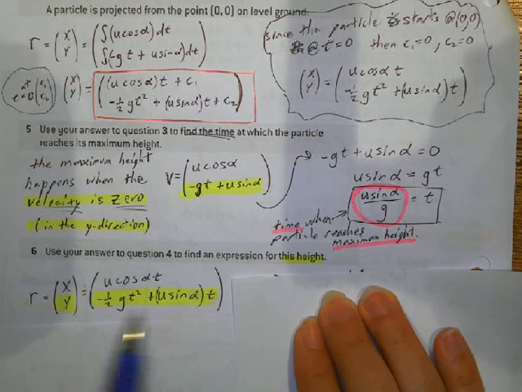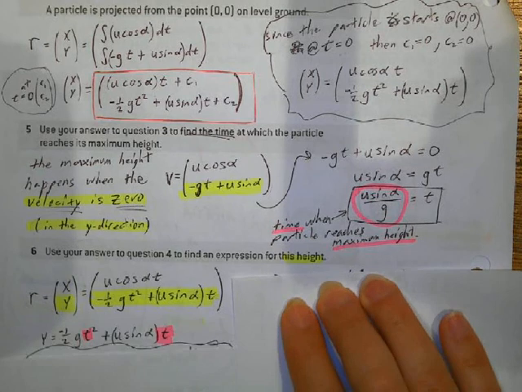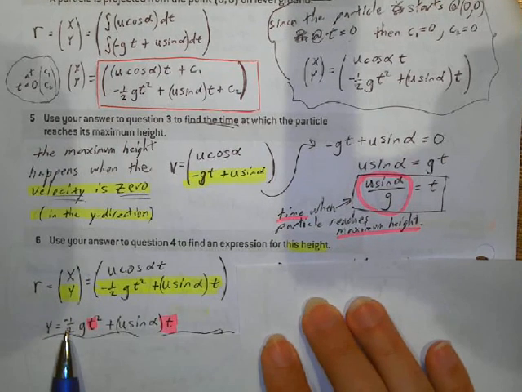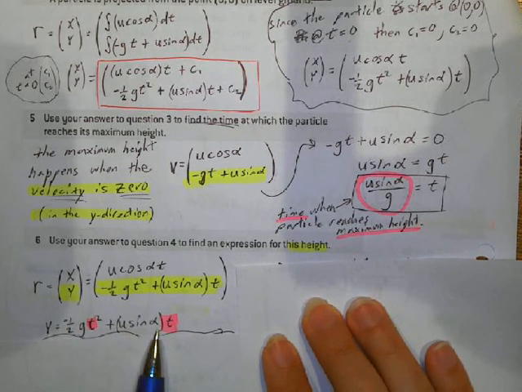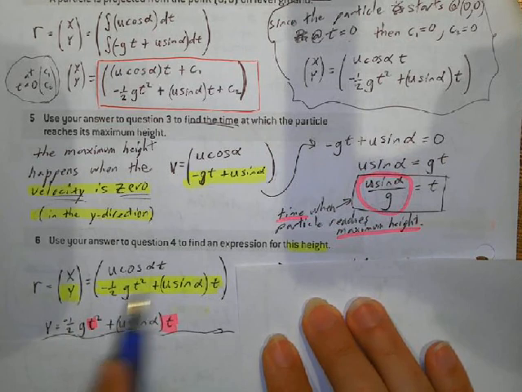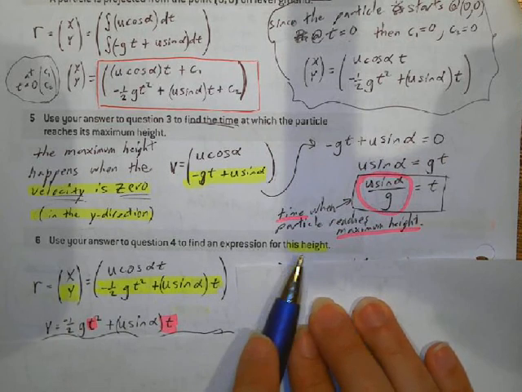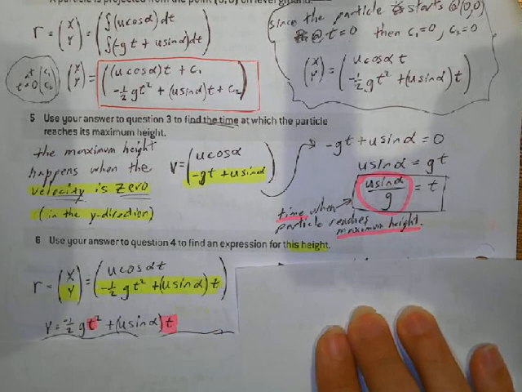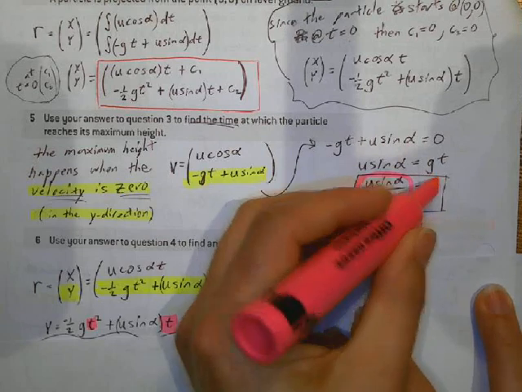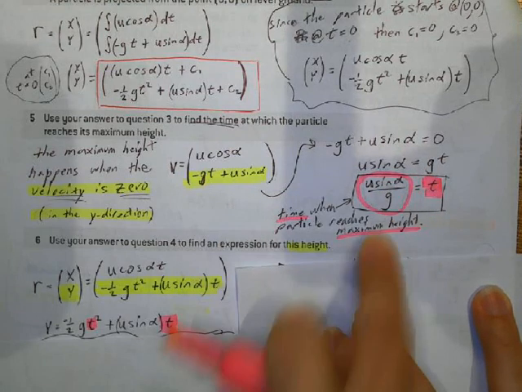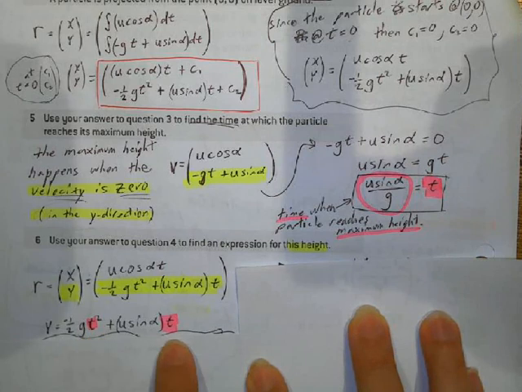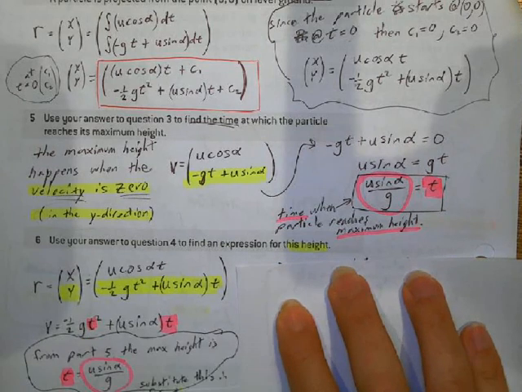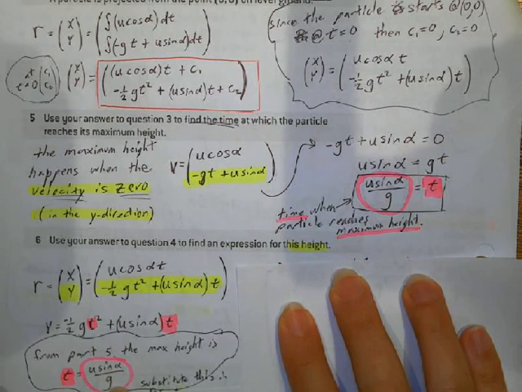So this height, we're going to reuse this here, and so the height is 1/2 g, parentheses, t squared plus u sine alpha times t. Now we know we've reached the maximum height at this time, right? So when time is equal to this, I'm going to substitute t with u sine alpha over gravity.